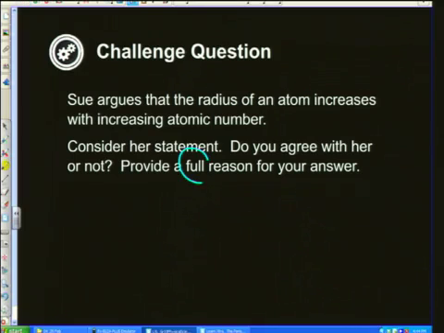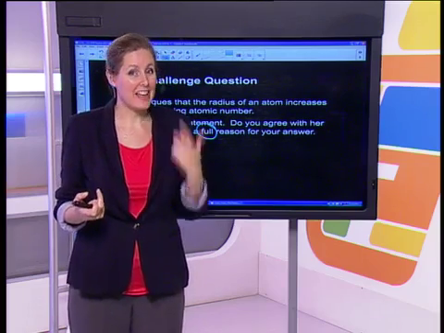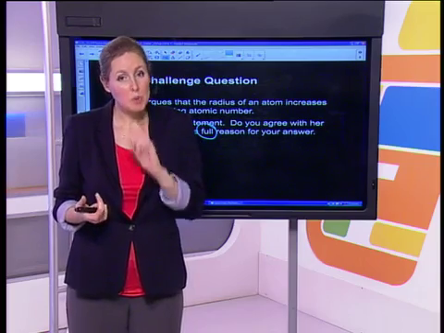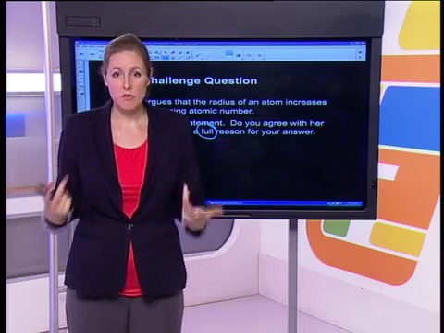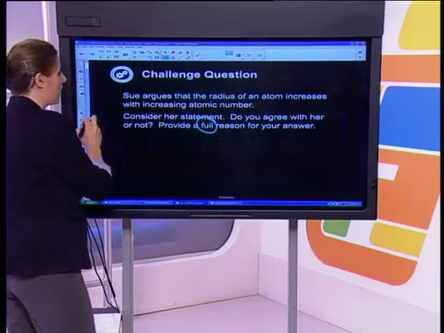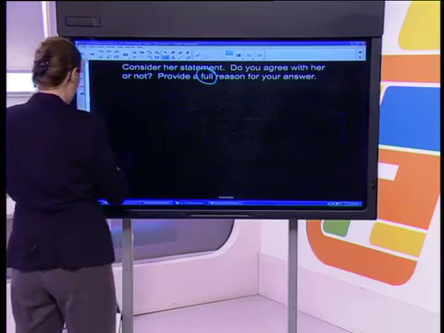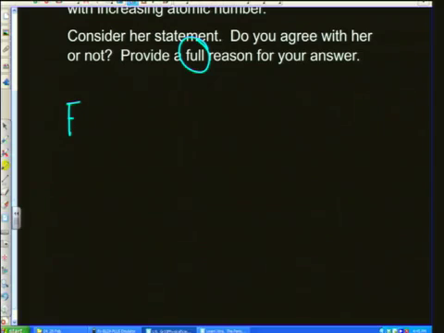I highlighted the word full because there are two parts to this answer. In one sense it's true, and in another sense it's false. It's important that you identify both for your full explanation. So let's pick up where she's wrong and where it's false. Why would we say that this is false?